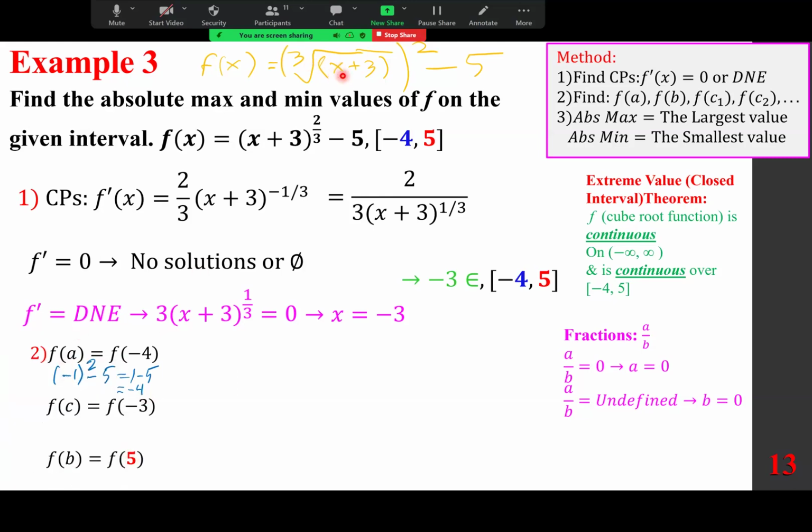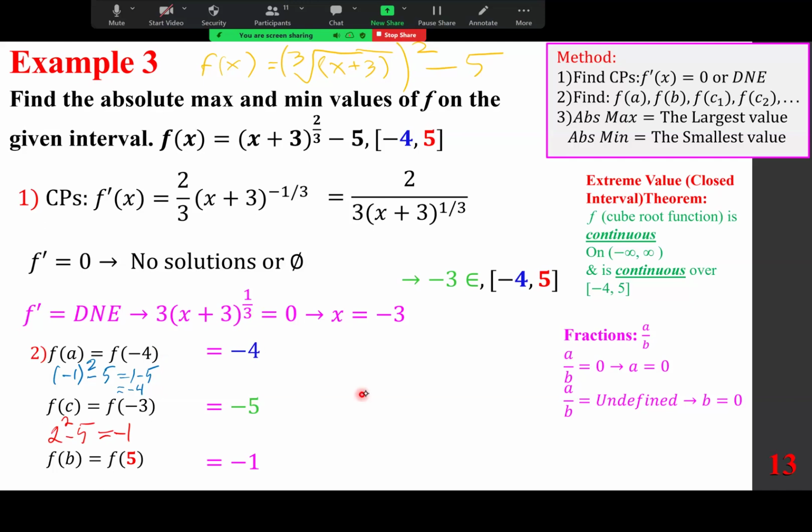If I plug in 5, 5 and 3 is 8. Cube root of it is 2. So I get 2 squared minus 5, which is 4 minus 5, negative 1. So we get these values. I'm assuming nobody has any problem with those evaluations, basic math.